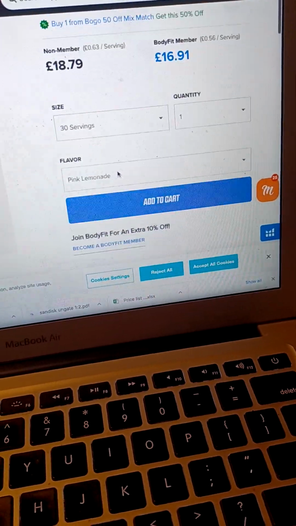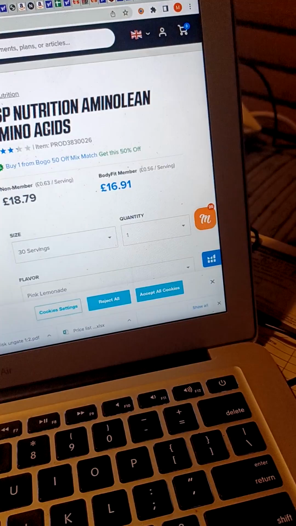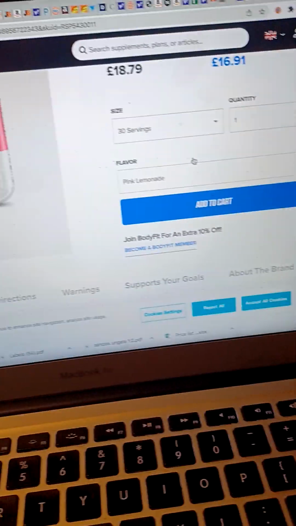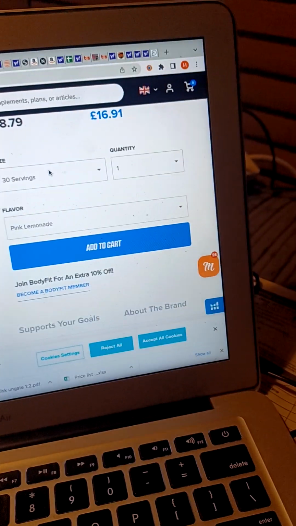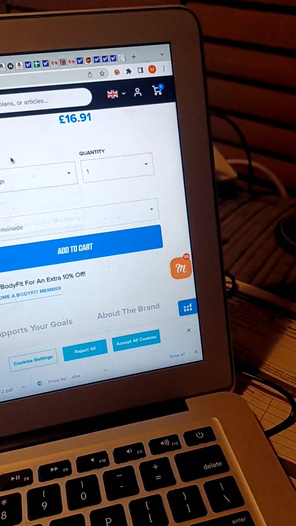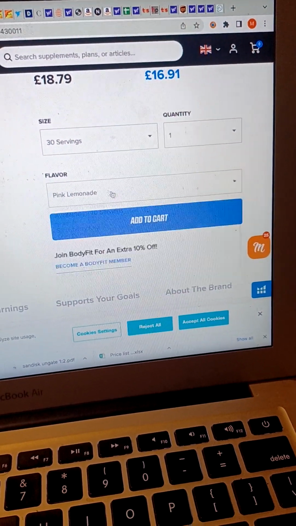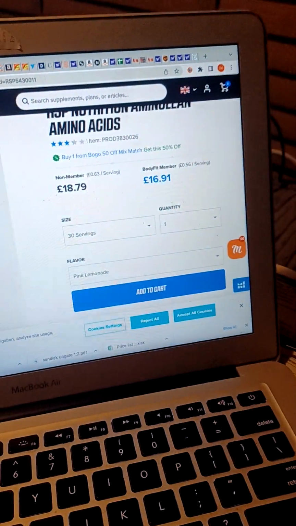We also need to check it's exactly the same product. Naturally, it does look the same. And then we have to see the serving size. So we've got 30 servings. You can buy 30 servings or 70, and different flavours. We've got lemonade, so 30 servings and lemonade.